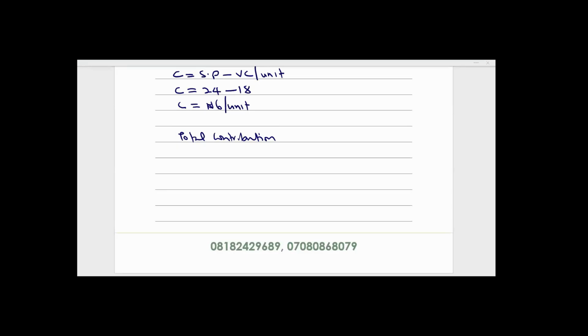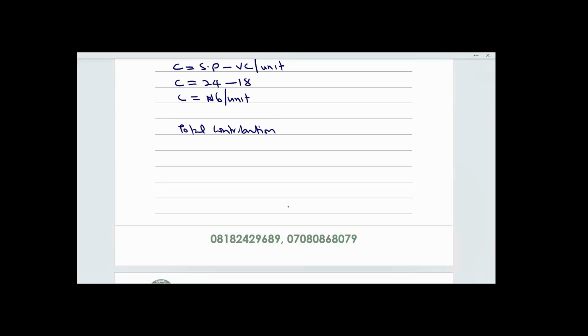So the total contribution will be equal to the units sold, which is 240,000, multiplied by the contribution per unit of 6 naira. So what do you have here? 1,440,000. So that's the total contribution.